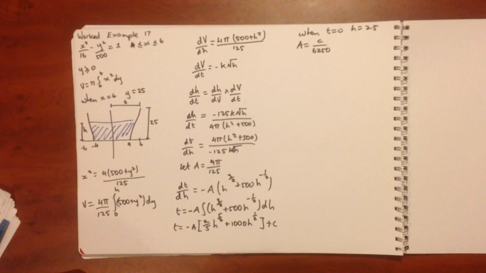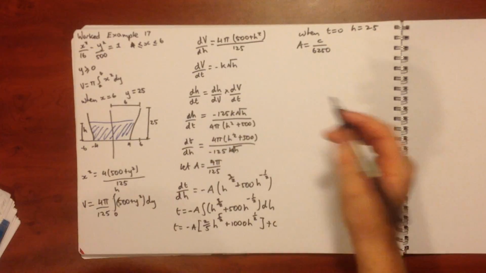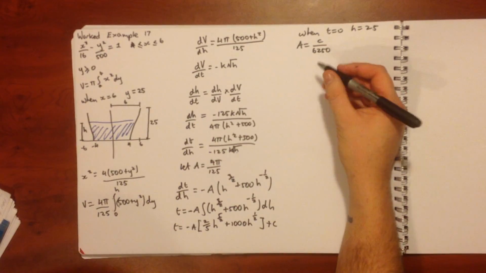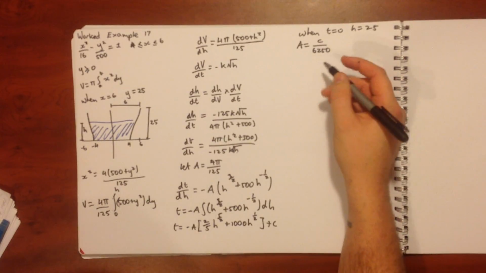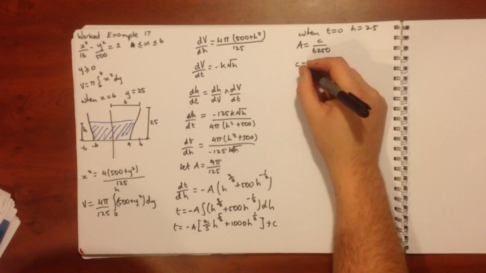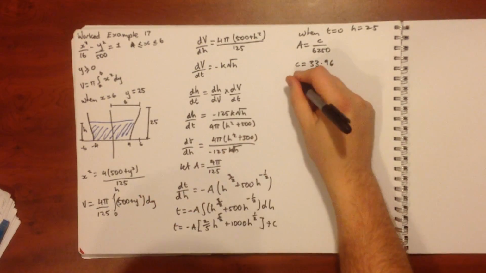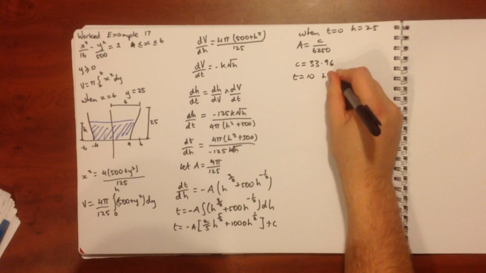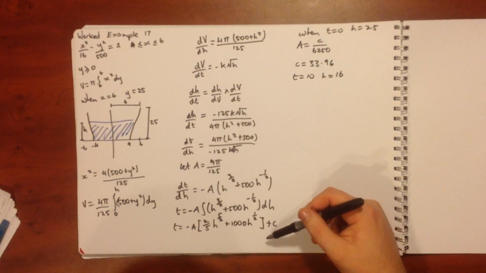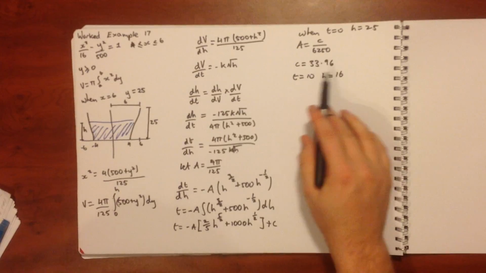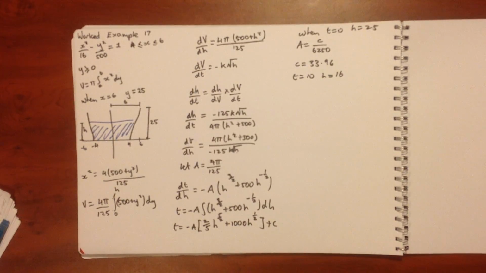Since after 10 minutes the height of the water in the vase is 16 centimeters, we can also set our h and t equal to that. When we run through all that, we find that the c value is equal to 33.96, by subbing in t equals 10, h equals 16 into our equation.